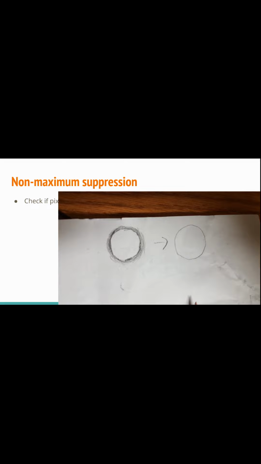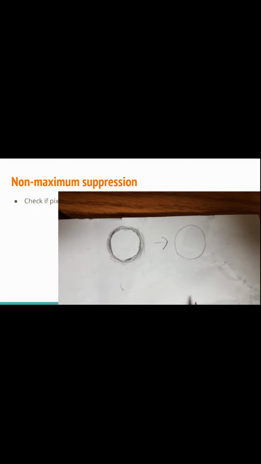The way this works is that for each pixel, you check along its gradient line. For the first image, the gradient line is from the center to the point. You can see the innermost part is the most intense part, so that part will be preserved.